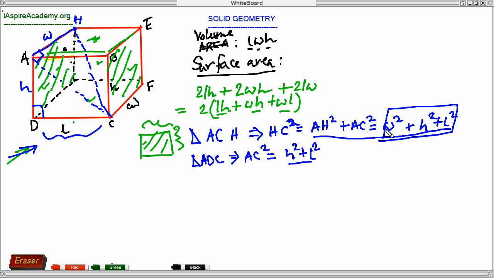So HC, our long diagonal, is the square root of W squared plus H squared plus L squared. Is that clear? The way we did it is by applying the basic Pythagorean theorem 2 times: once to find the diagonal of one surface, and then applying that to find the long diagonal.